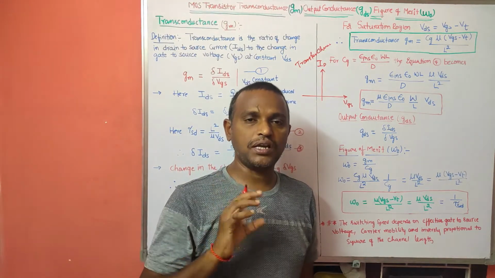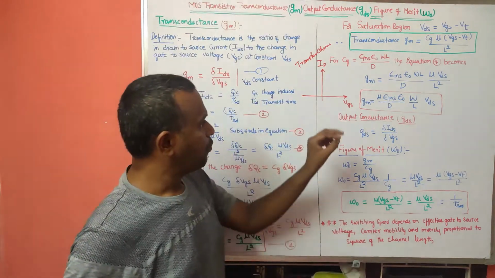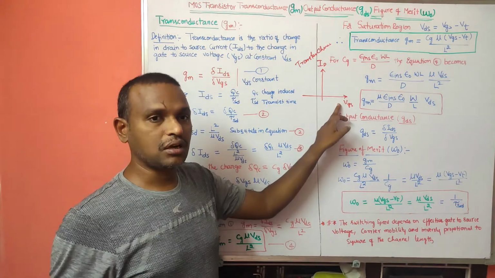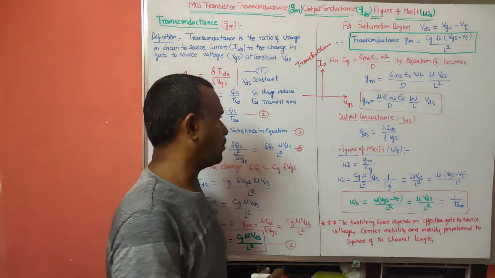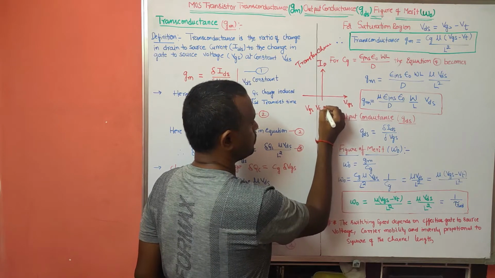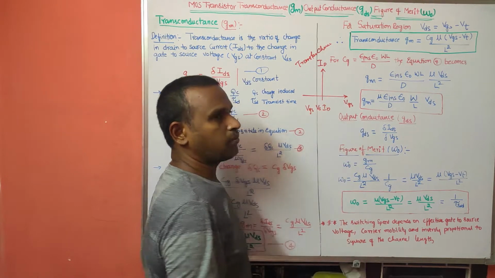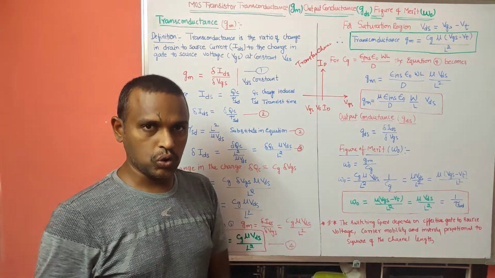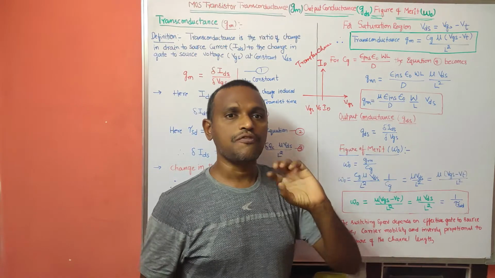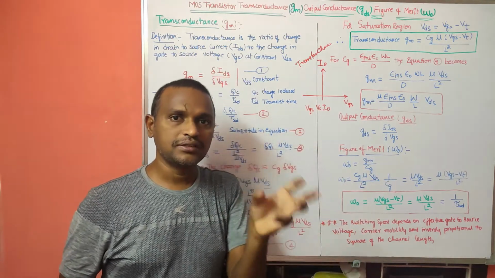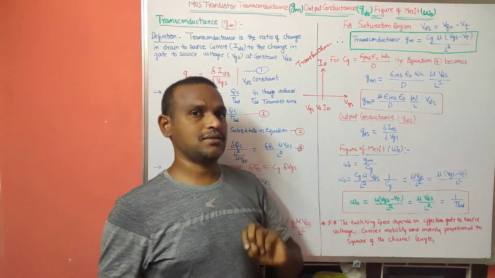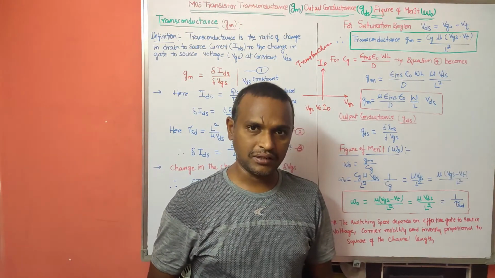It is called trans because we are taking the transfer characteristics, that is, VGS versus ID. If you draw the graph between VGS and ID, those characteristics are called transfer characteristics.